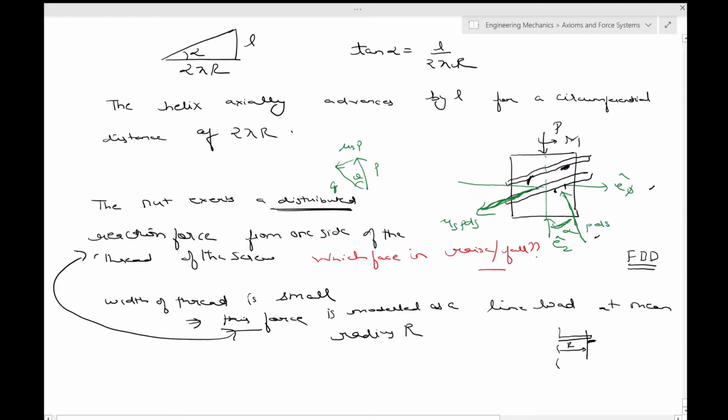So for a small element ds, the normal force acting is p ds, and the frictional force for sliding is mu s p ds. So that's easy.